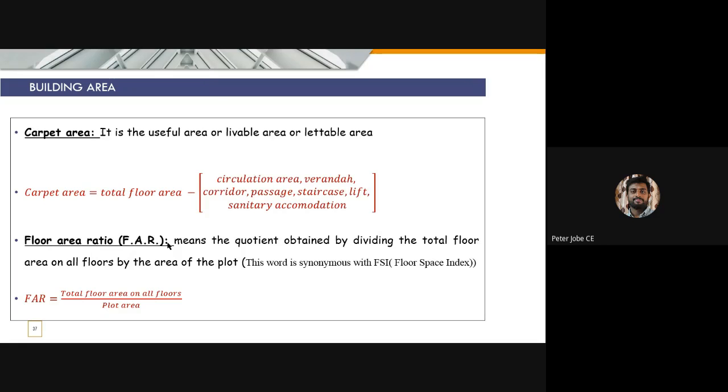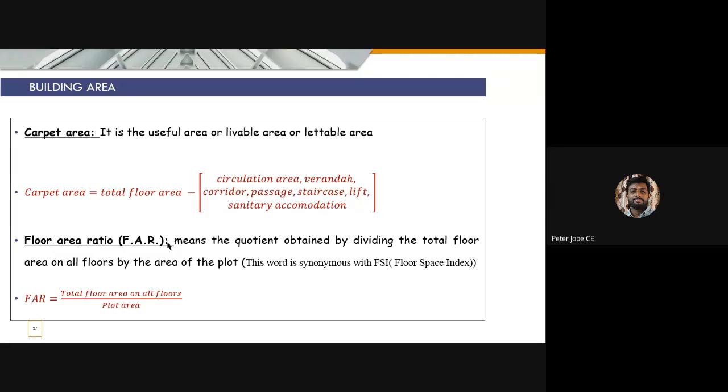If that particular building has 10 floors, and the floor area of each floor is about 100 meter square, total floor area will become 1000 meter square, and we will divide it with the total plot area. That means the area of the plot in which the building is constructed.